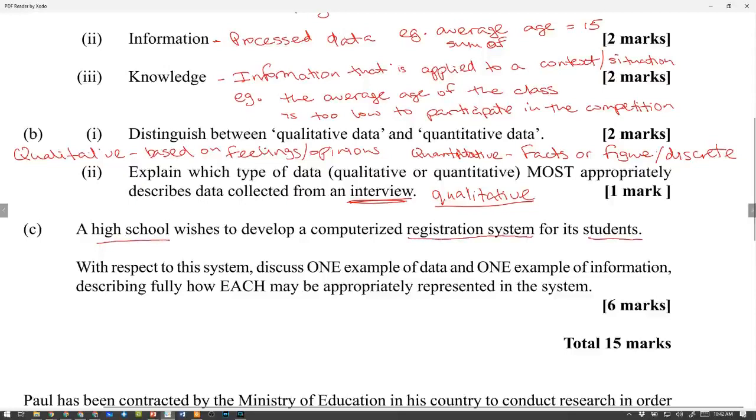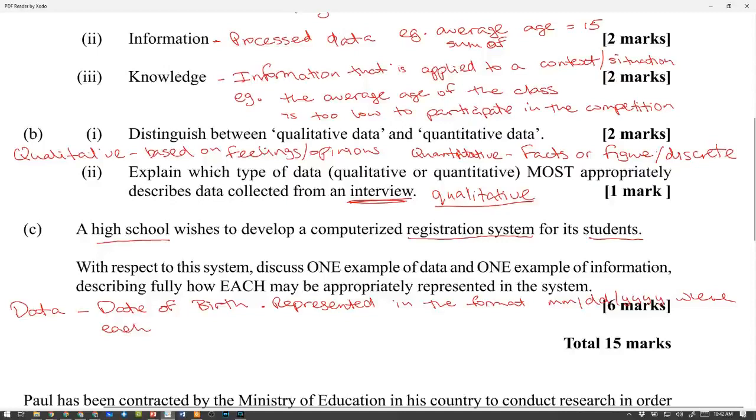So one example of data would be their date of birth, and it will be represented in the format month, day, year, where each piece of data is a number.